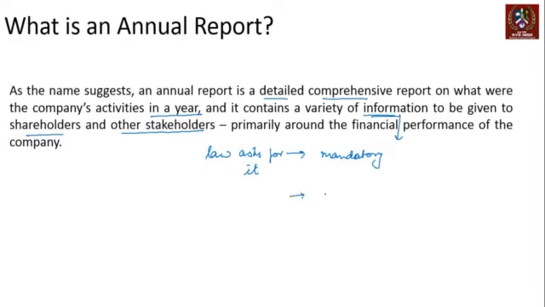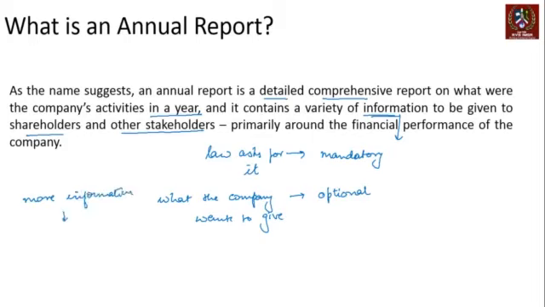Some part of this, however, is optional, and that depends on what the company wants to give, right? Now, that's an interesting point, because a good company should want to give as much information as possible, right? So more information means typically more transparency, right?